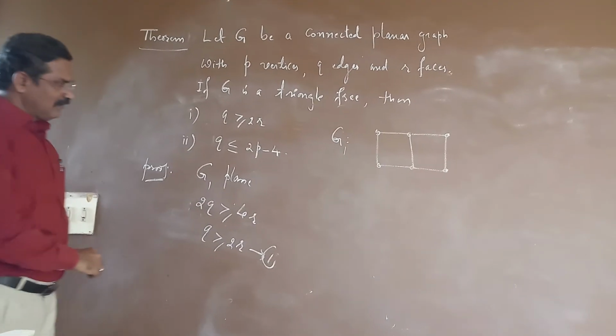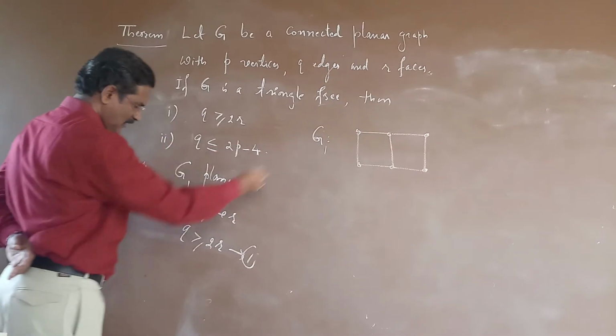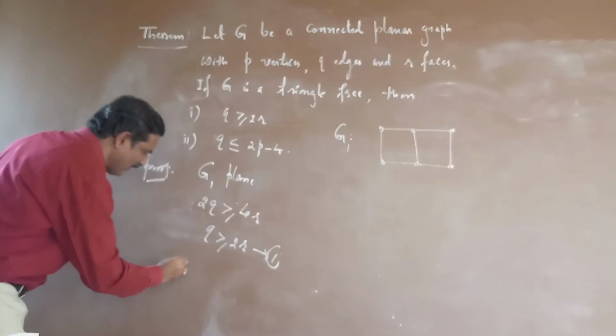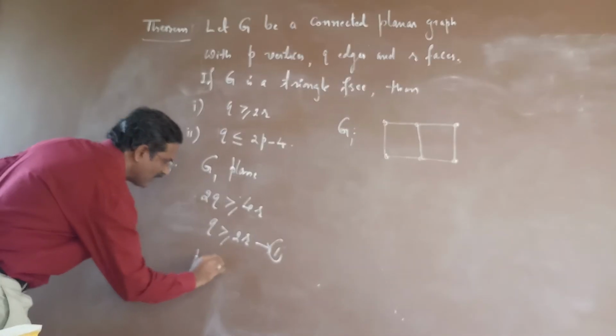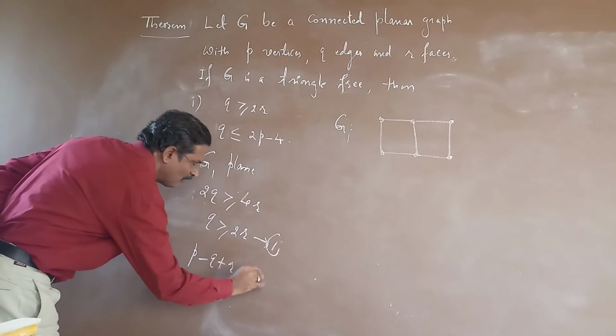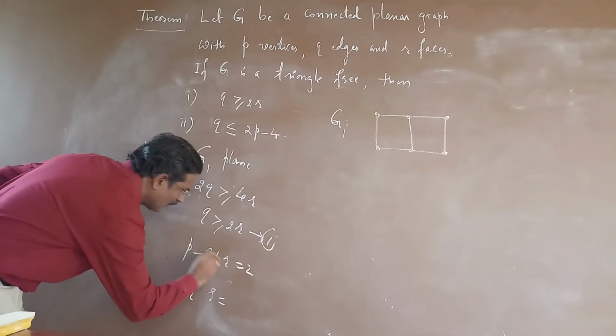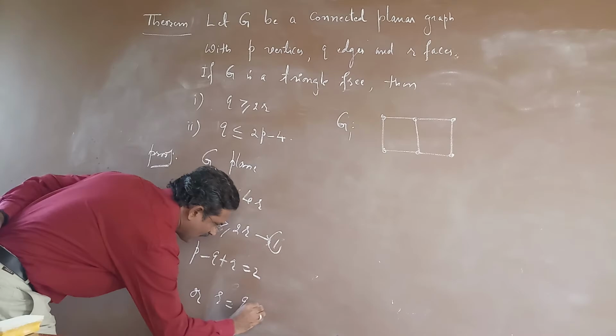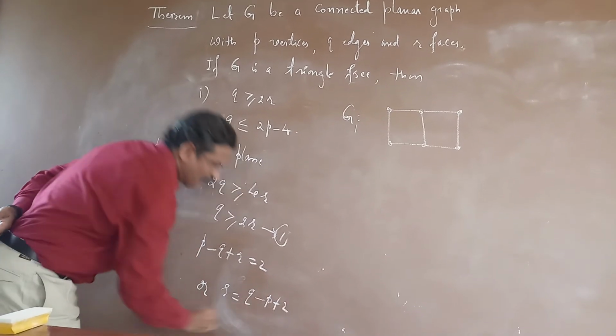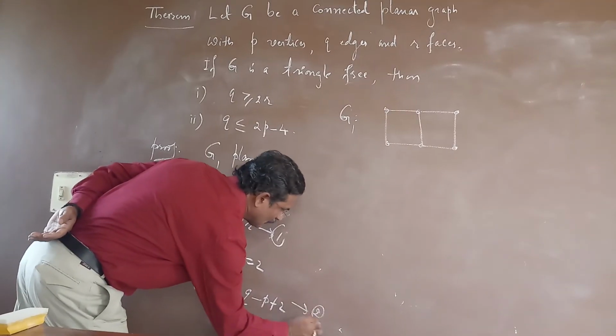Again, since it is a planar graph, by Euler's formula it has to satisfy P minus Q plus R equal to 2. Or you can say R equals Q minus P plus 2. So this is equation number 2.